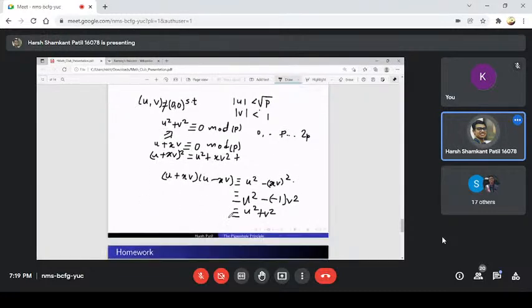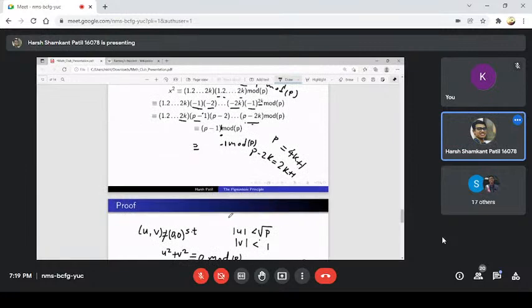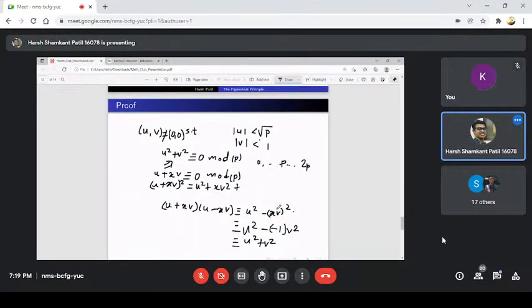Let's say we have u plus x times v congruent to 0, then plus.